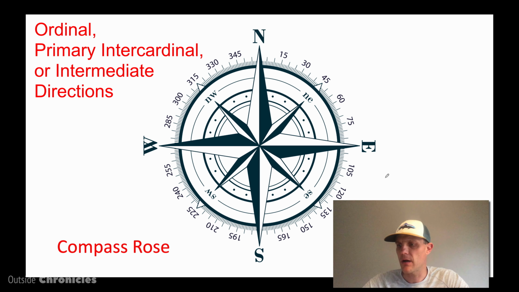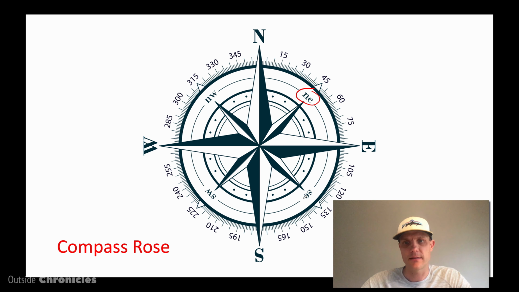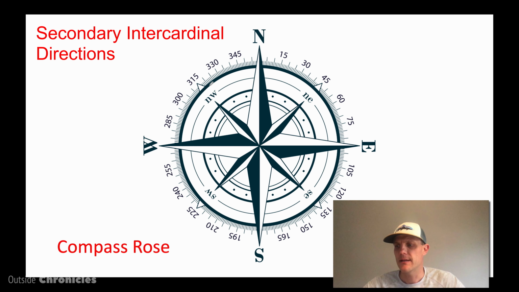Then we have what are called the ordinal or primary intercardinal or intermediate directions: northeast, southeast, southwest, northwest. Those are pretty easy. But now we're getting into what's called the secondary intercardinal directions, a little more complicated.